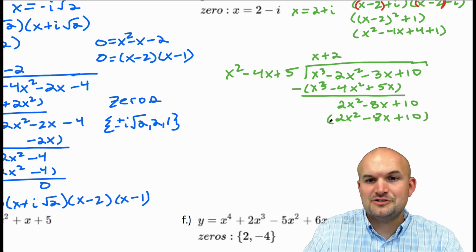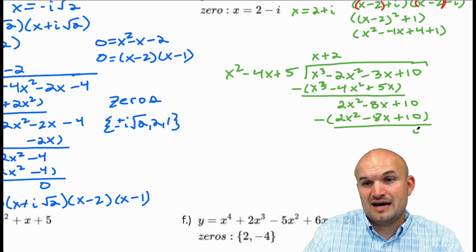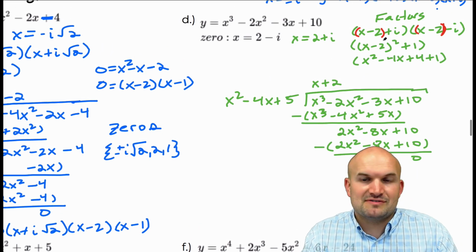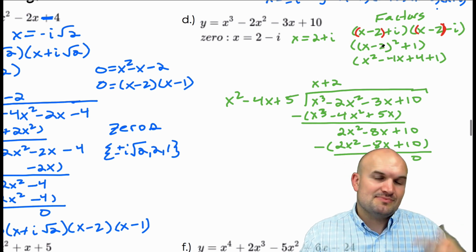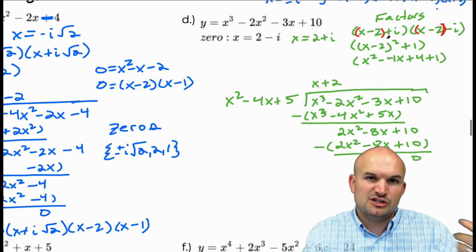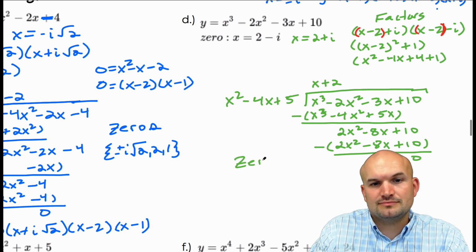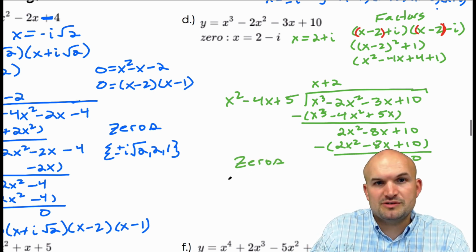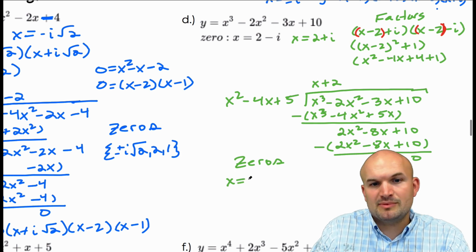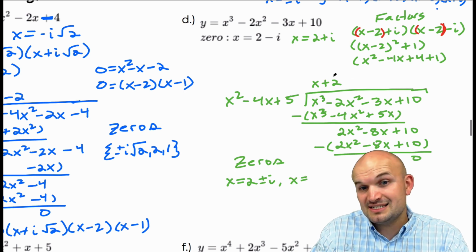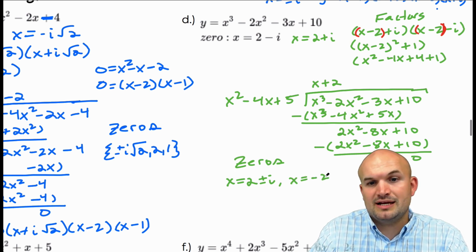So, not too bad. The difficulty with this one, obviously, is multiplying this, and you could use the box method or whatever else, but the more practice you get with this, the quicker you're going to get. So my zeros are just going to be x equals 2 plus or minus i, and x equals, again this is a factor, so the zero would be negative 2.